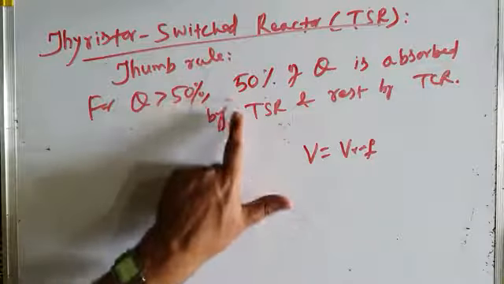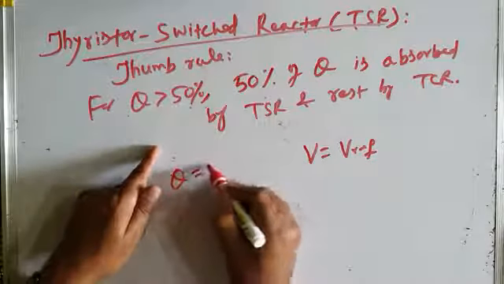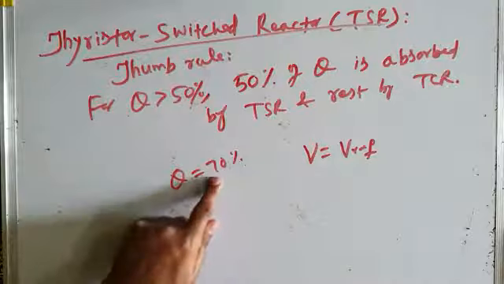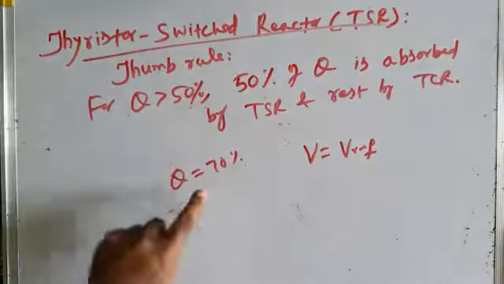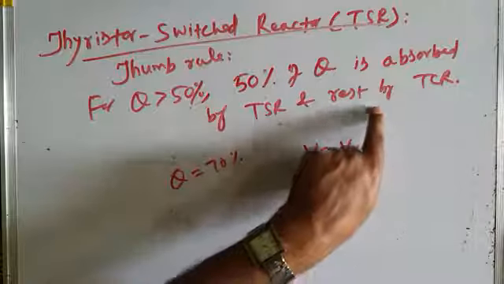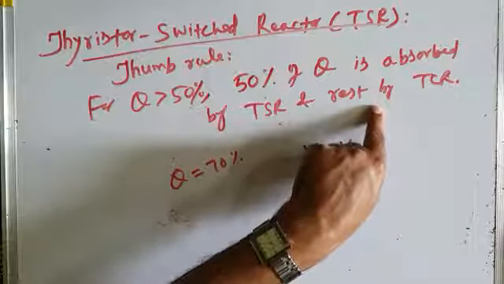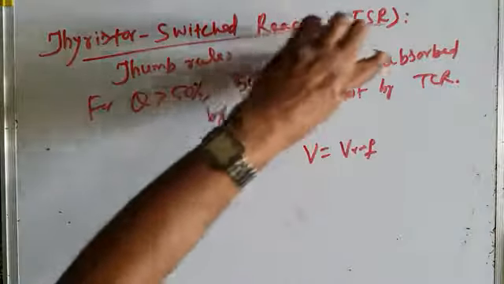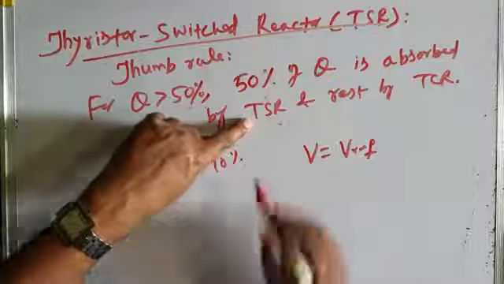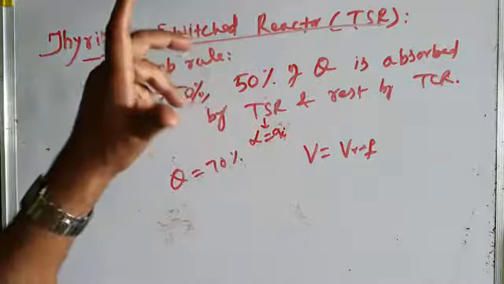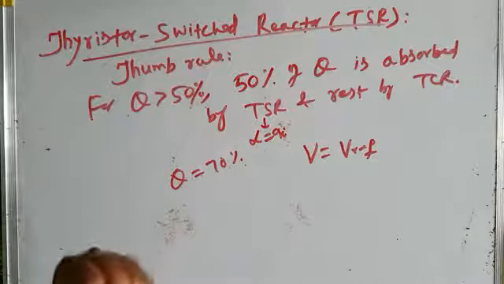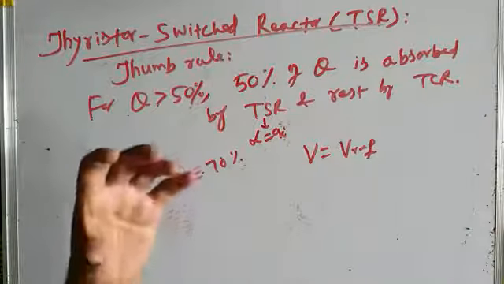Then, say for example, Q is equal to 70%. Out of this 70%, 50% of reactive power is absorbed by TSR, and remaining 20% will be absorbed by TCR by delay angle control. When I say 50% reactive power is absorbed by TSR, that means TSR is operating at alpha equal to 90 degrees. It is fully on, and maximum current is flowing through it, which is sinusoidal current.